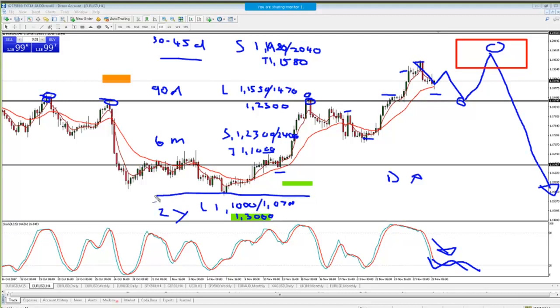Ultimately, this is obviously my long-term fundamental bias. I think that the euro will recover relative to the dollar, at least into the 130s over a 2-year period. But I think it needs to visit something below 110 to have the mojo to get up to those areas and get enough people involved.